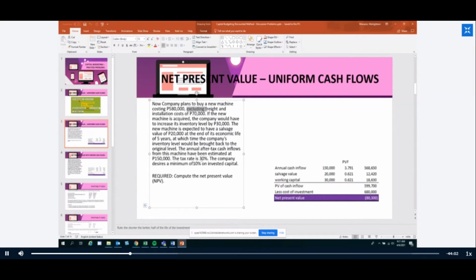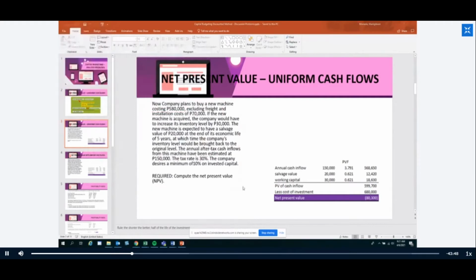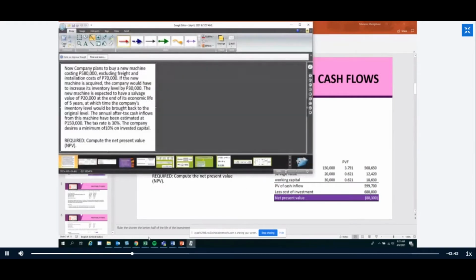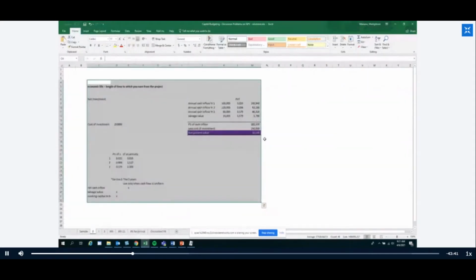Tax rate is 30%. The company desires a minimum of 10% on invested capital. So, well, the requirement is to compute the net present value. So, gawin ko class, kunin ko to para lang mag-focus tayo dun sa calculation natin sa Excel. Problem 1. Okay?